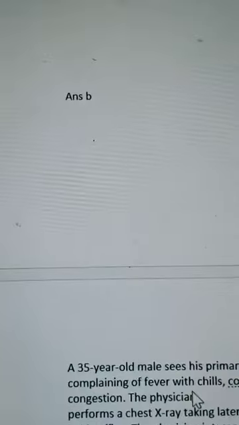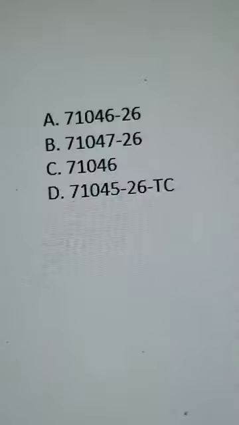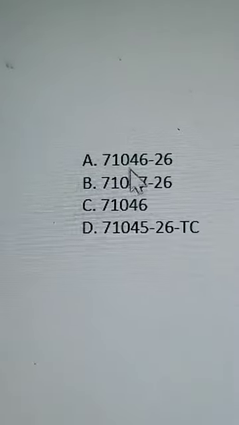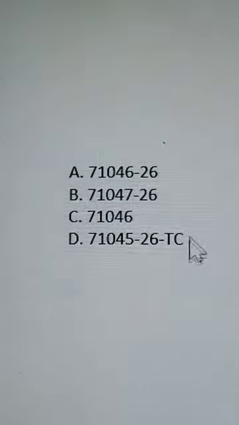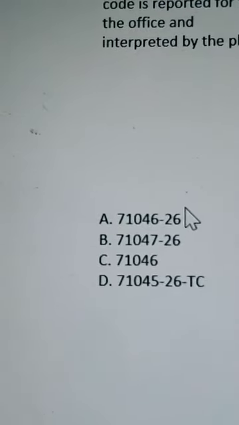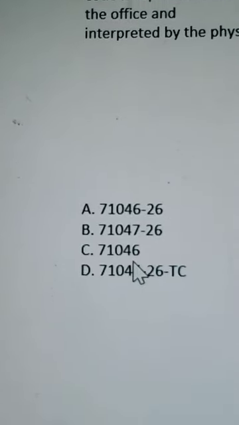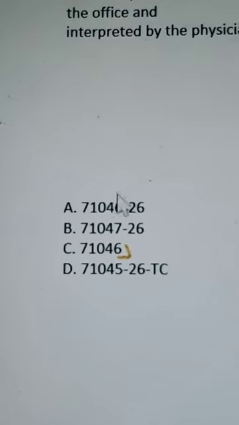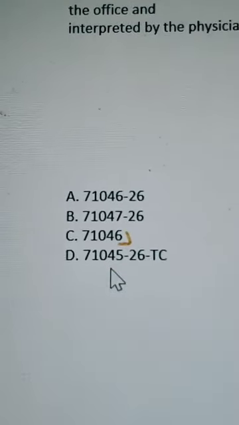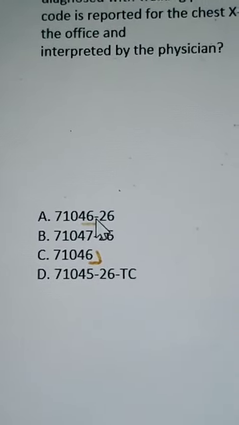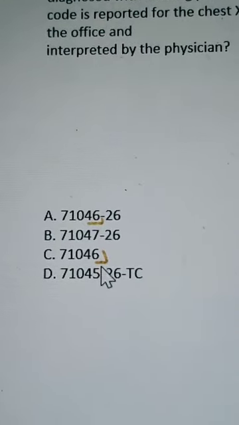Let's move on to our next one. Ooh, looks like we got radiology, and I know a ton of y'all are asking about this 26 and technical components and blah, blah, blah. 90% of the time, your technical component or whatever is included in the procedure. If I was just looking at this, I know 46 and 46 are my two keepers, right?